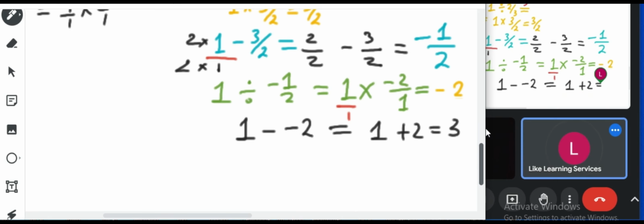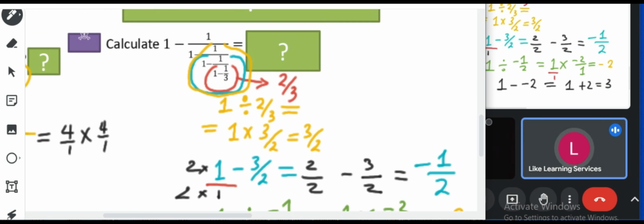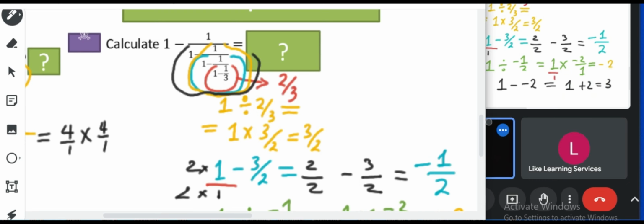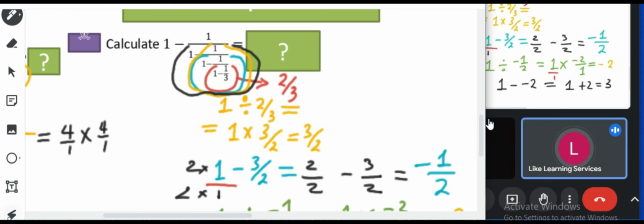Okay, so we're almost done with this. That means this whole place is 3. So we are done. This is now 1 over 3. The whole thing in black is 3.